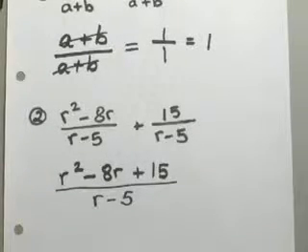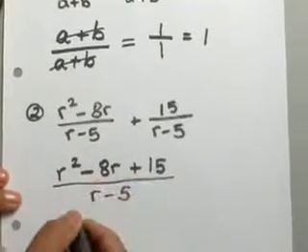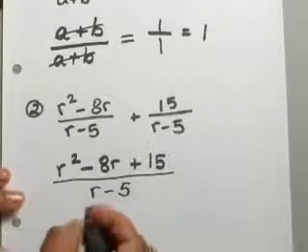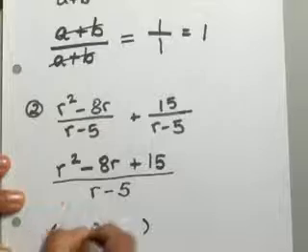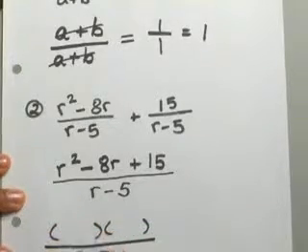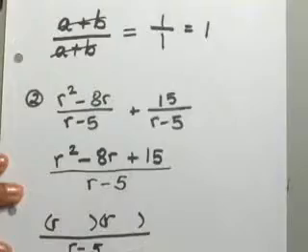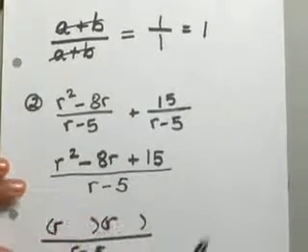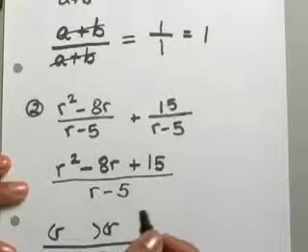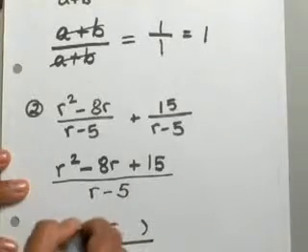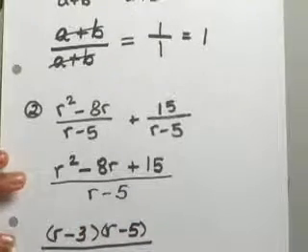So again, remember, when you're trying to work with rational expressions of this form, you will have to first factor your numerator before you can start reducing it. So let's go ahead and factor our r squared minus 8r plus 15, and this will factor into r and r for your first terms, and then factors of 15 that give you negative 8 will be negative 3 and negative 5.